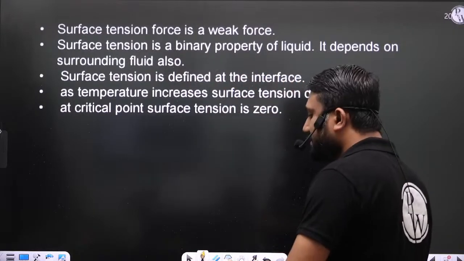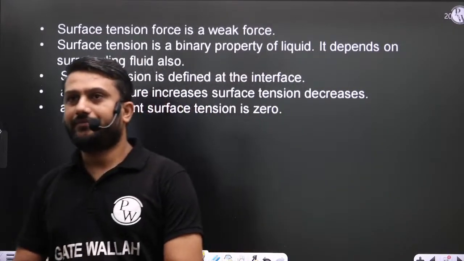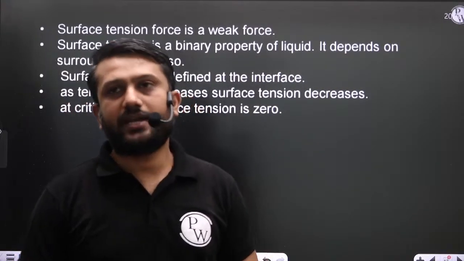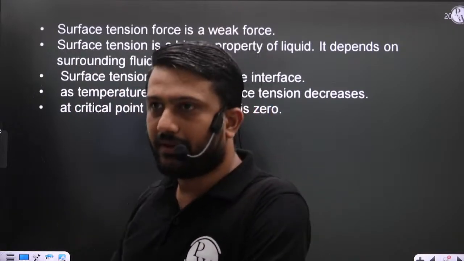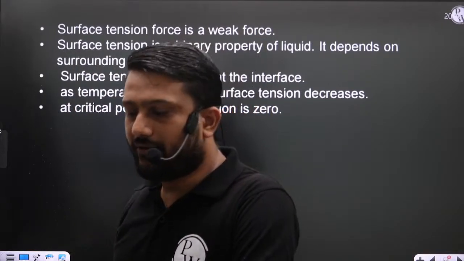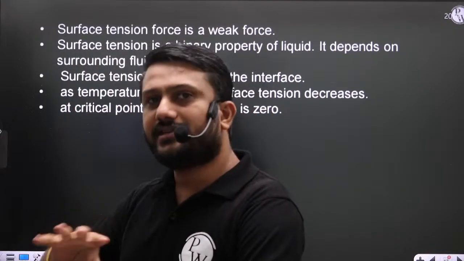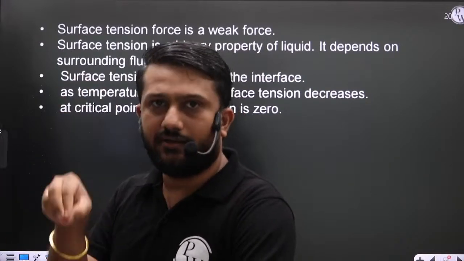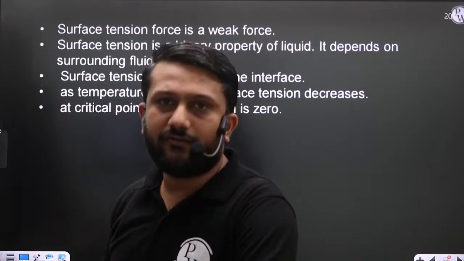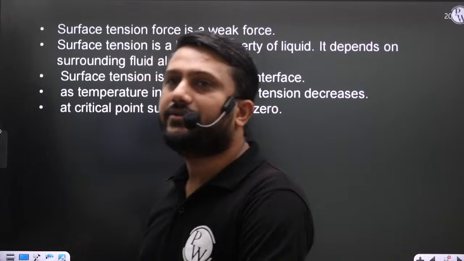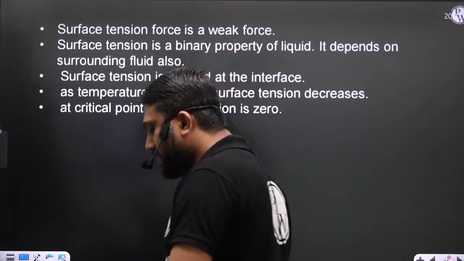And we also discussed that surface tension is a binary property. What is the meaning of a binary property? Surface tension not only depends on the fluid, it depends on the surrounding fluid also. That's why surface tension is a binary property.